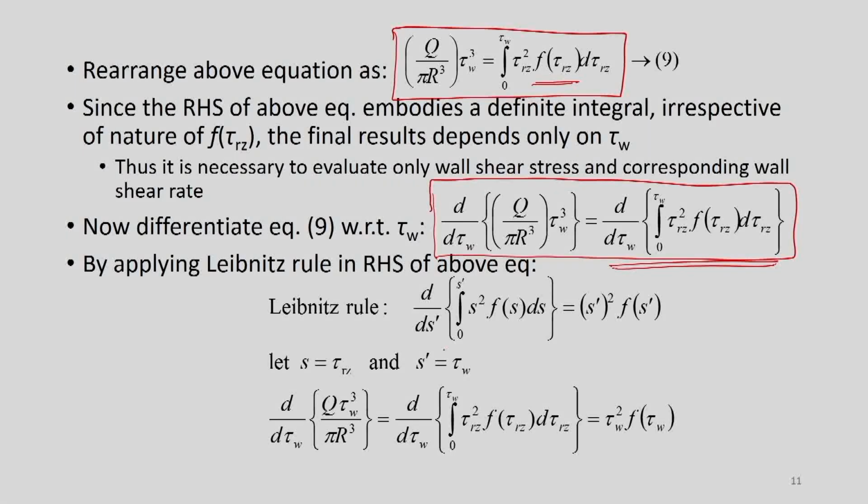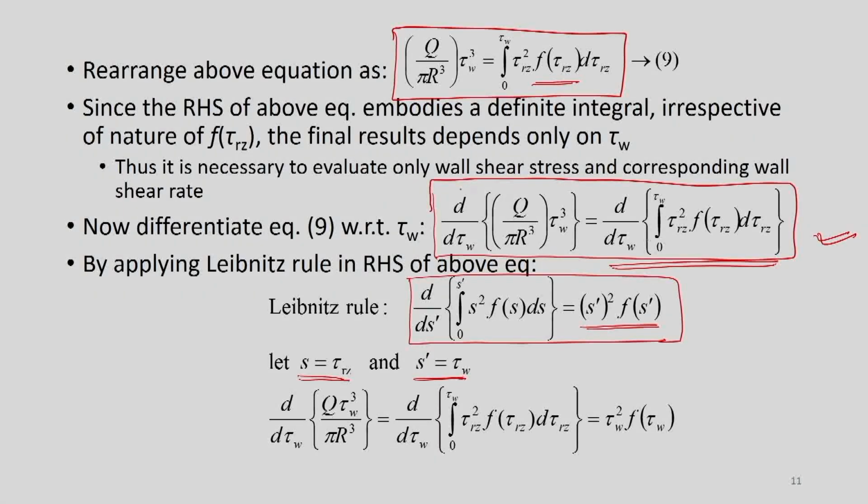According to the Leibniz rule, d by ds prime of the integral of s square f of s ds, limiting 0 to s prime, we get s prime square f of s prime. Comparing with the Leibniz rule, s is nothing but tau rz and s prime is nothing but tau w.